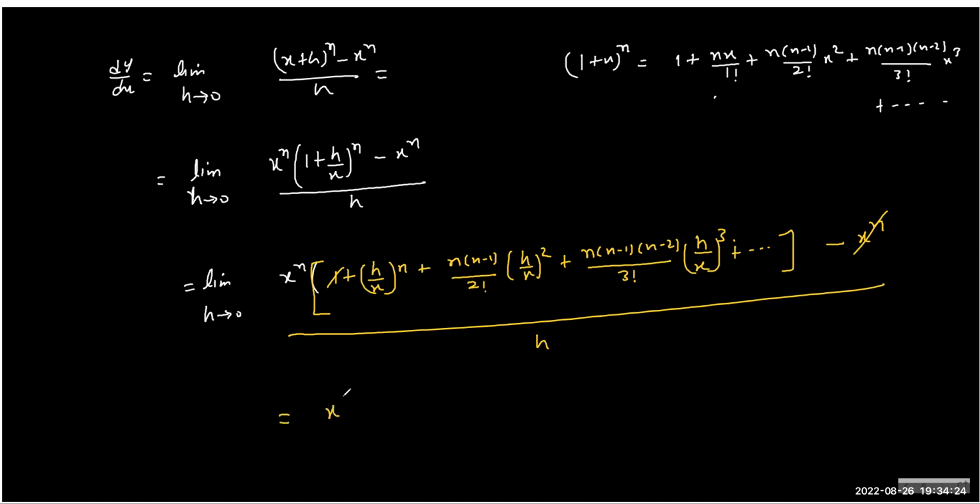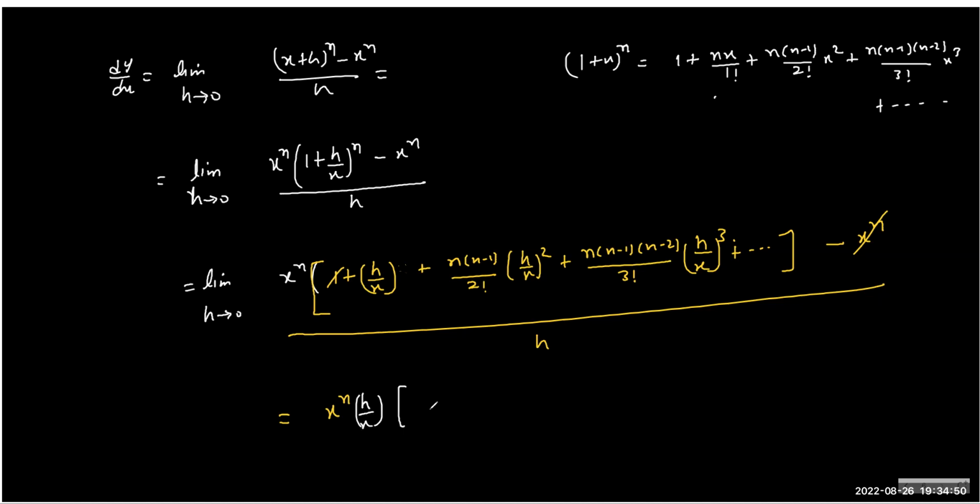So we have x power n, and if you look at the other terms, can I take something common? What can we take common from the remaining terms, once you cancel the 1? h by x we can take common.